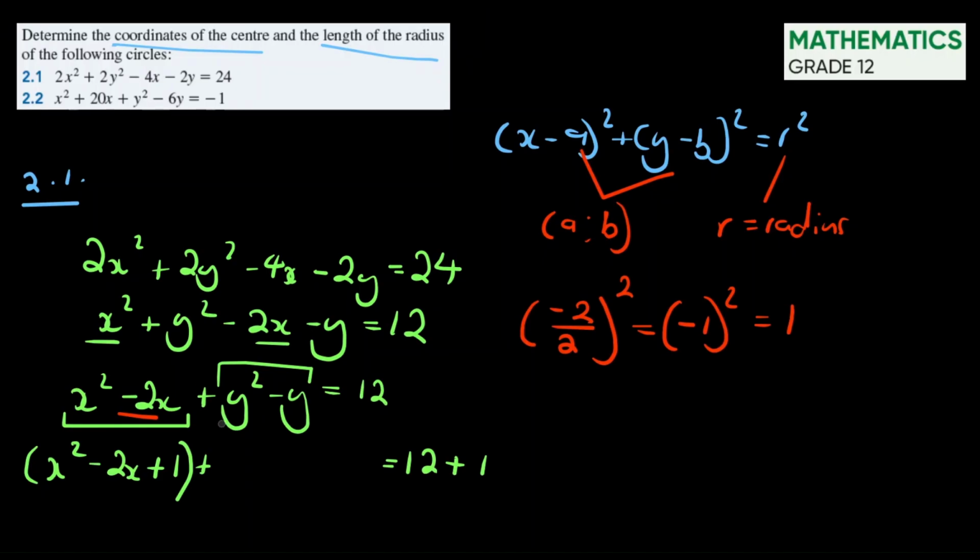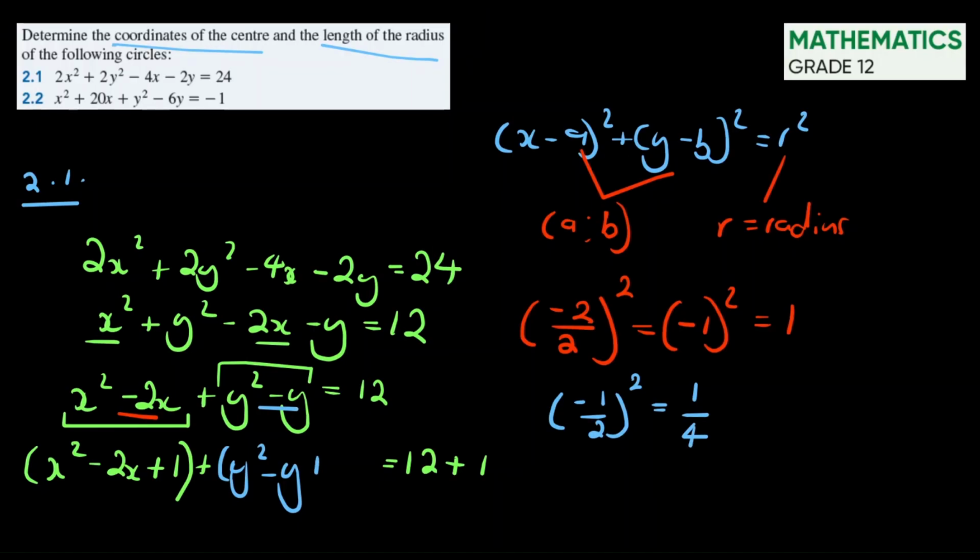Then we're going to proceed and do the same thing for y. We have y squared minus y, and we're interested in the value that's next to the y, which is negative 1. Now divide by 2 or multiply by half, square it, and that gives us 1 over 4.